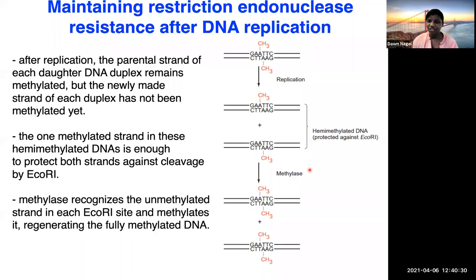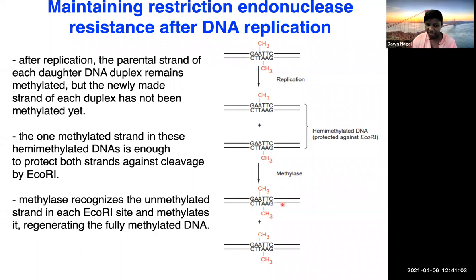So what happens is the bacteria recognizes, we have a double-stranded DNA, but it's hemimethylated. So we need to add an additional methyl group to the strand that does not contain the methyl group, and it reinforces it. So you start with double-stranded DNA, go through replication, you're in a hemimethylated state, so only one of the parental strands has the methyl group added, and then methylase comes in and adds it to the other strand.